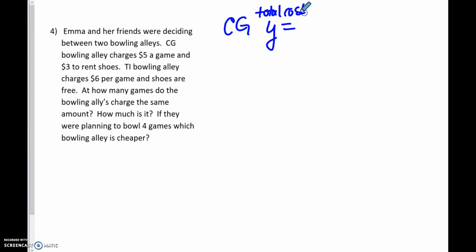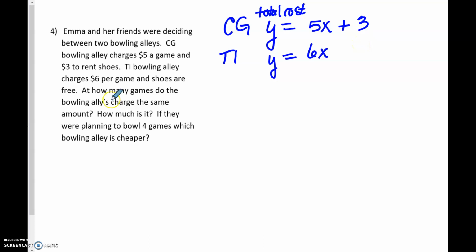They charge $5 a game and $3 to rent shoes. For Treasure Island, their total cost is $6 per game, and they don't charge anything for shoes.